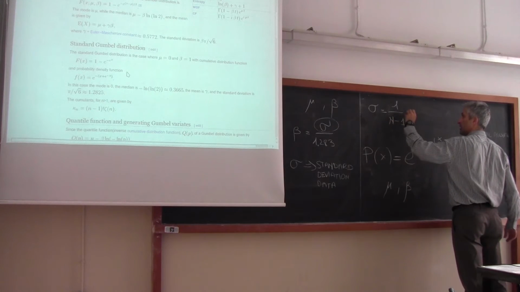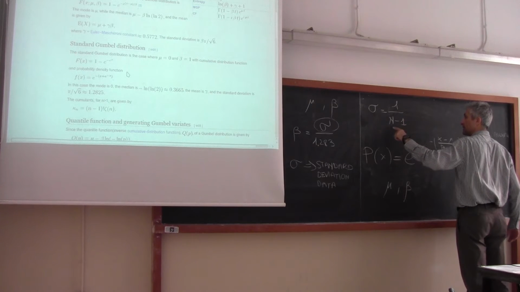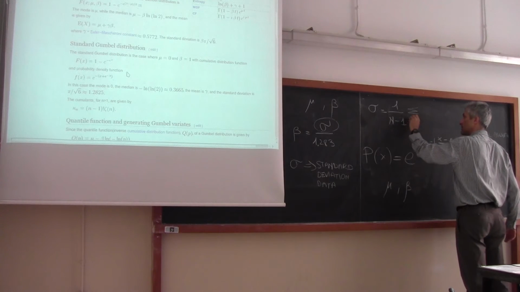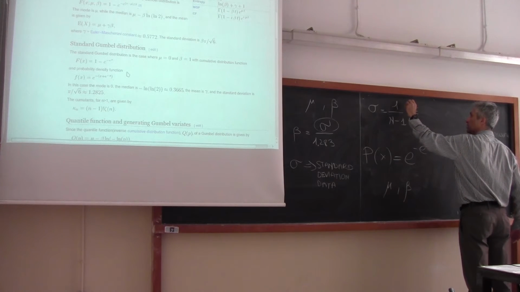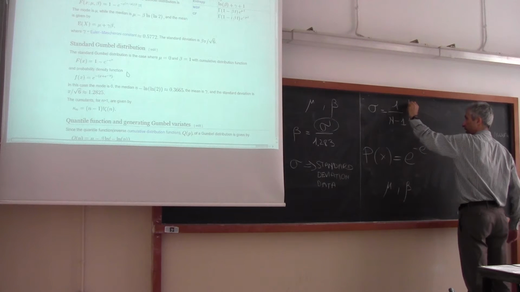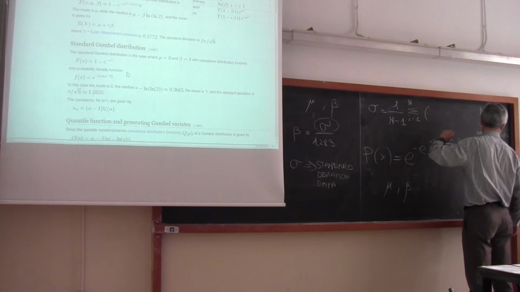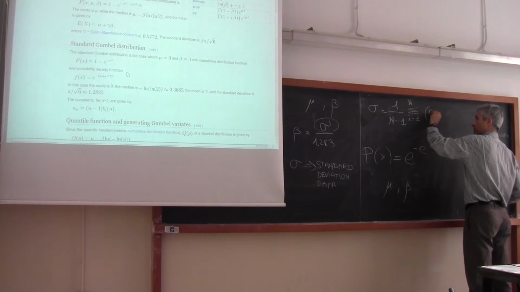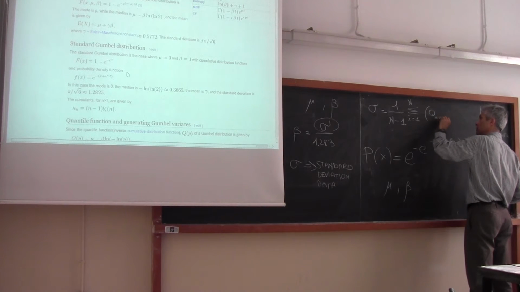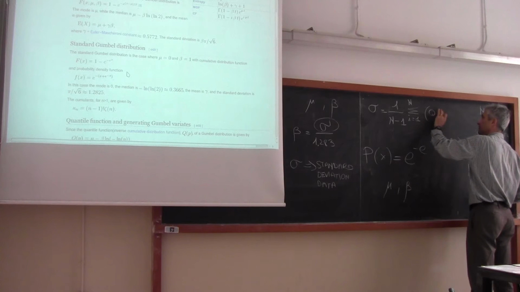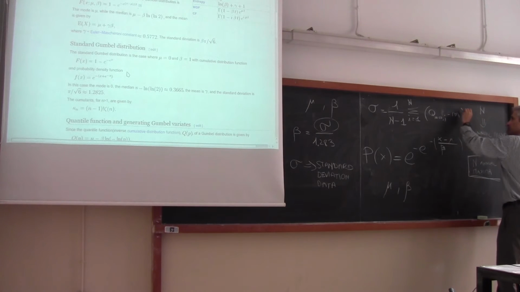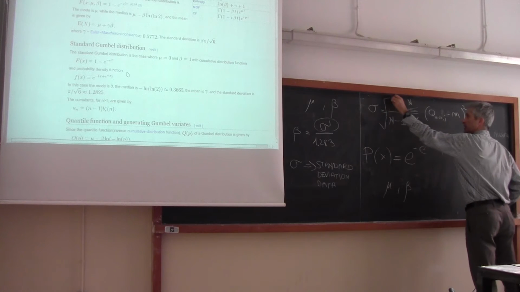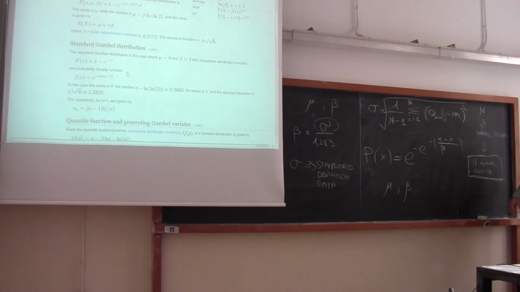Basically, it's equal to 1 divided by n minus 1 times the summation for i equal 1 to n of Q max i minus m squared, and everything is under square root.